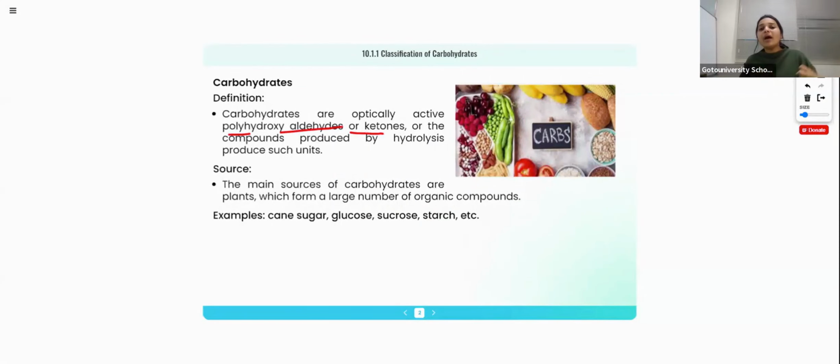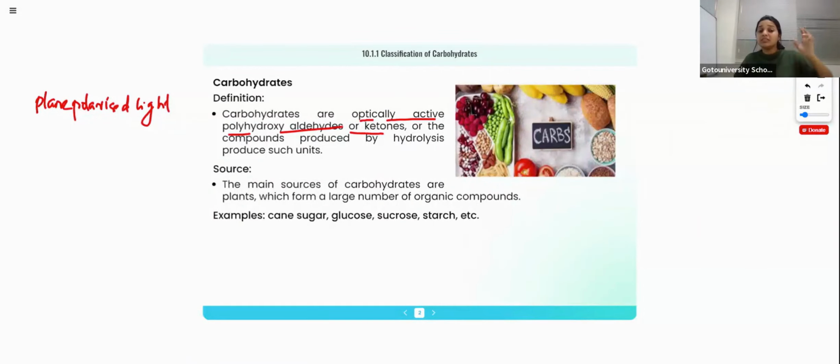So carbohydrates are optically active polyhydroxyaldehydes or ketones. See, I discussed this word optical activity. What do you mean by optical activity? If a compound is able to rotate the plane of plane polarized light, then we can say the compound is optically active, right?